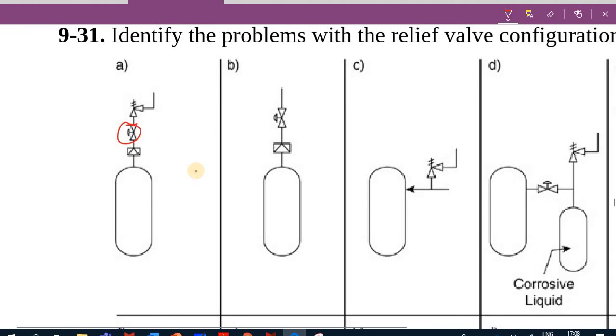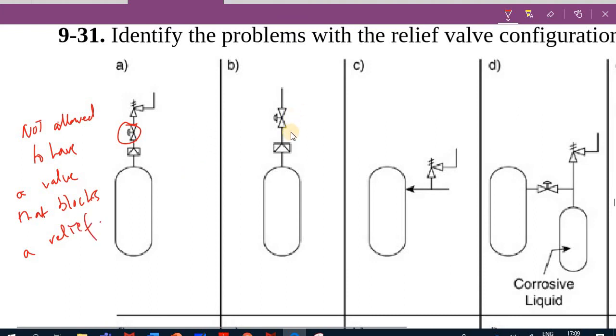It is not allowed to have a valve that blocks a relief. That is the thing we need to be careful about, and that should not happen. What about B? Do you think there is a problem with B or not?